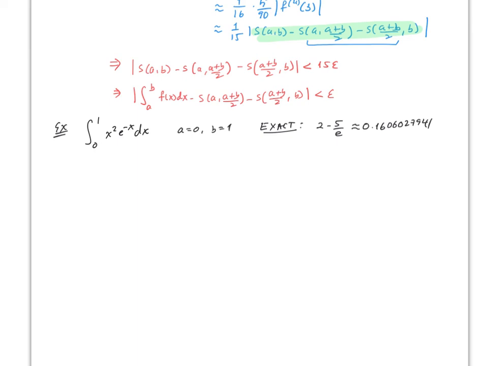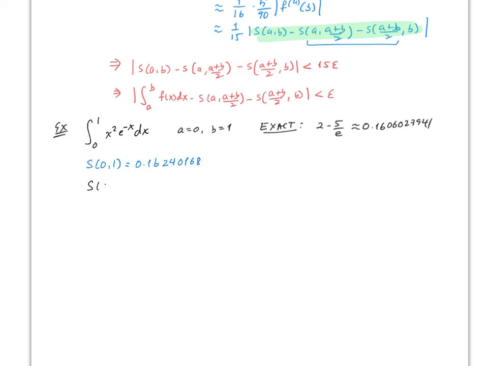Okay? Right, so therefore if we start with S of 0, 1, which is just the regular Simpson's, you can check that this is 0.16240168.